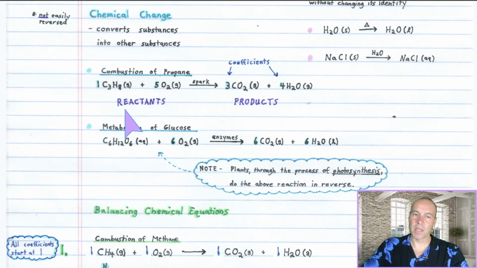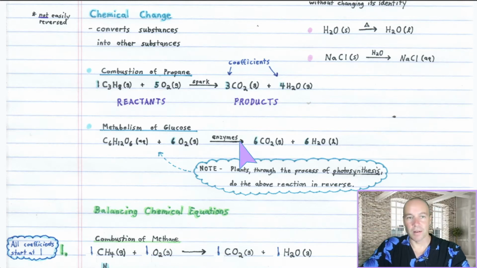The substances that you start with are called the reactant substances because they're reacting together, and those that you produce are called the products. And these little numbers in front of the chemical formulas are called coefficients. The reason you need coefficients is because they account for all of the atoms in the change.